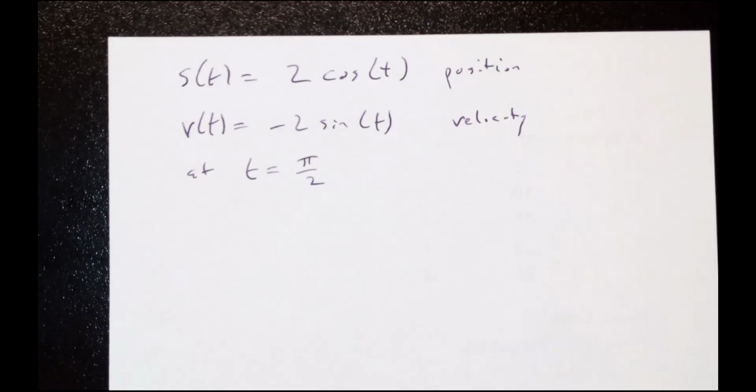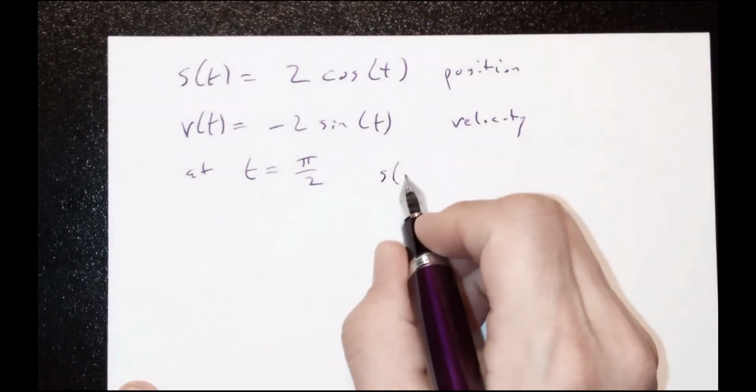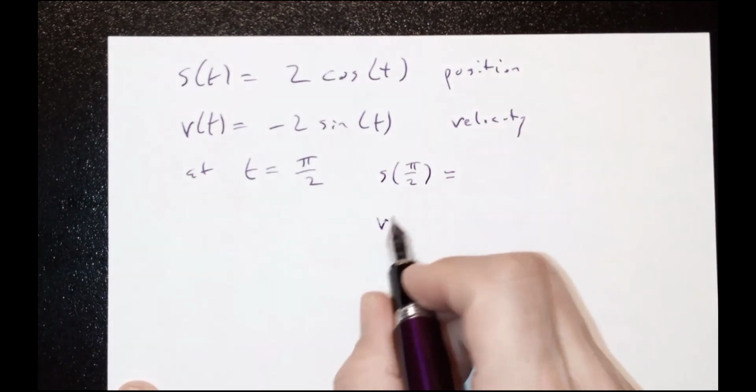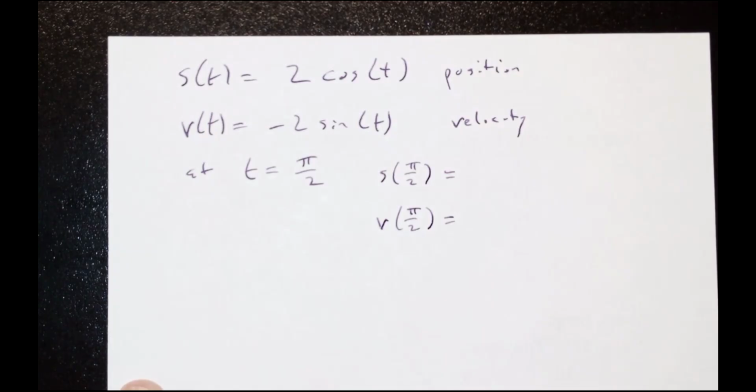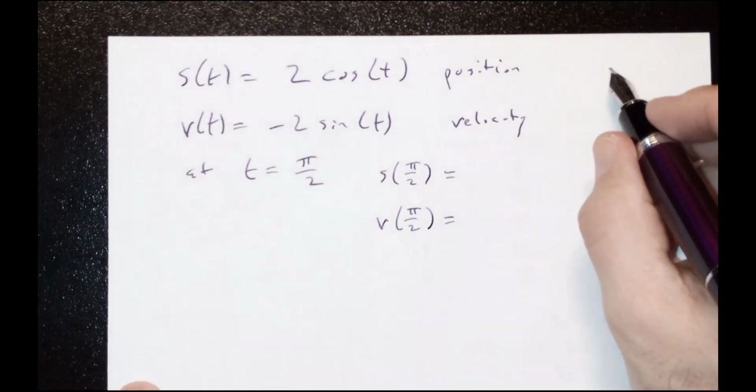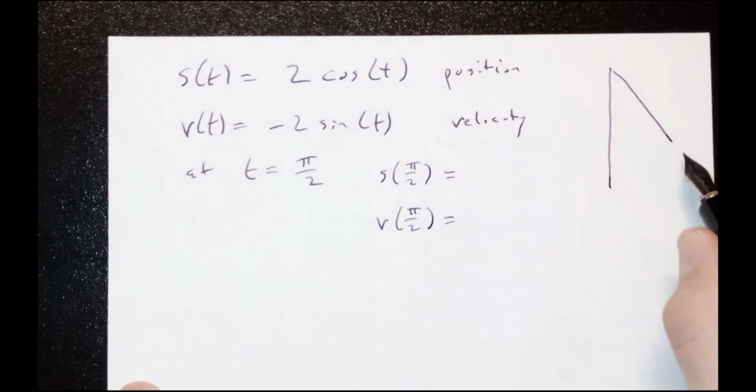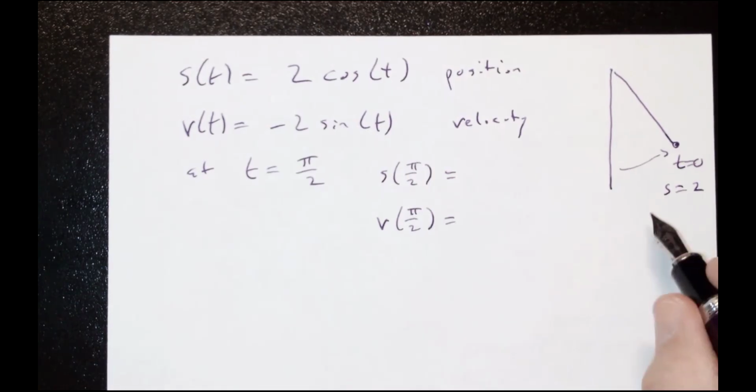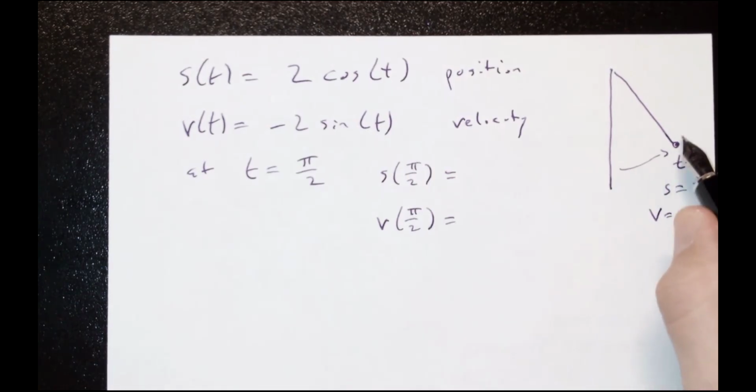Where are we? I pull the thing over to the right and I let it go. At time 0, it starts to fall back towards the middle.